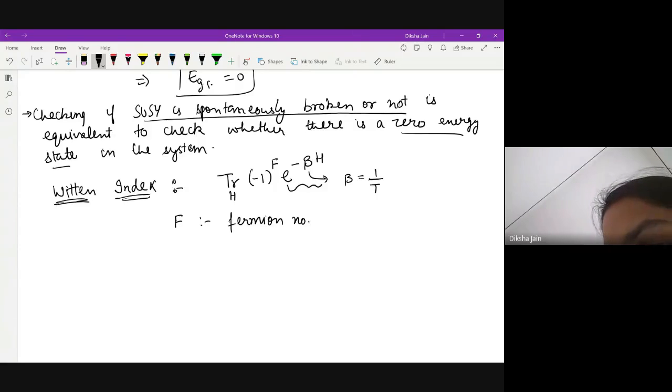Without the (-1)^F, this is just the trace of e^(-βH). This is just the partition function. If you know what a partition function is, this is its definition.